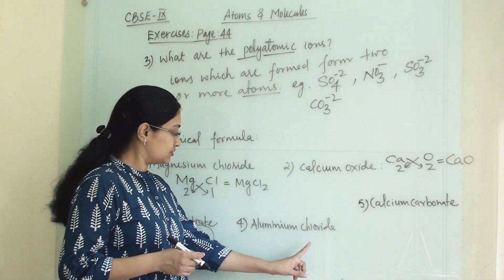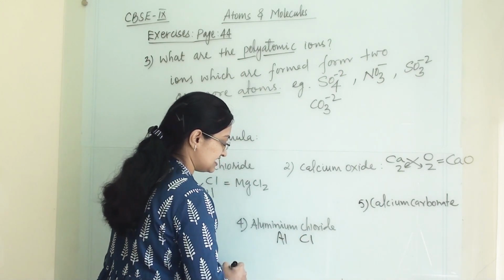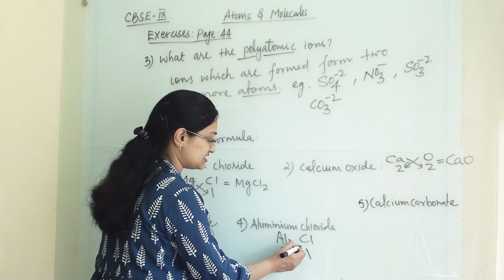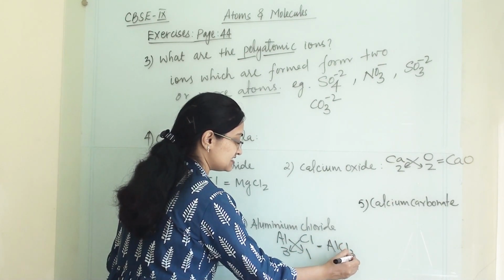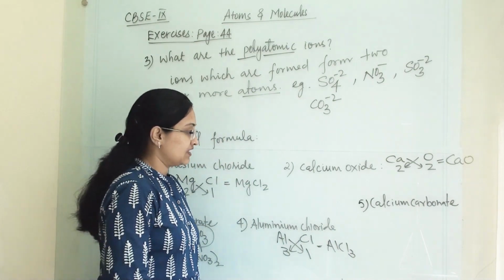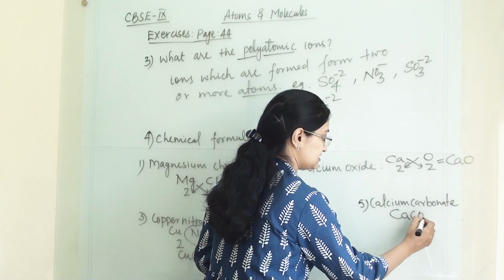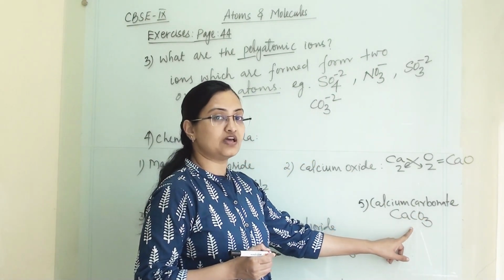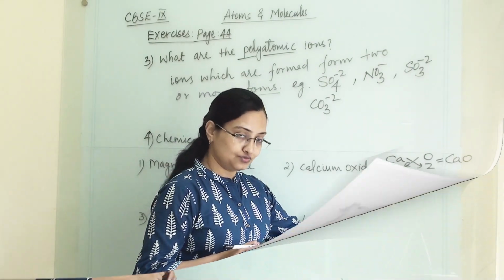Now aluminium chloride. Aluminium is Al and this is Cl. Aluminium's valency is 3 whereas chlorine's is 1. So via crisscross we will get AlCl3. Now calcium carbonate. This is easy, CaCO3. Both valencies are 2, so we do not mention them, and the molecular formula will be CaCO3.